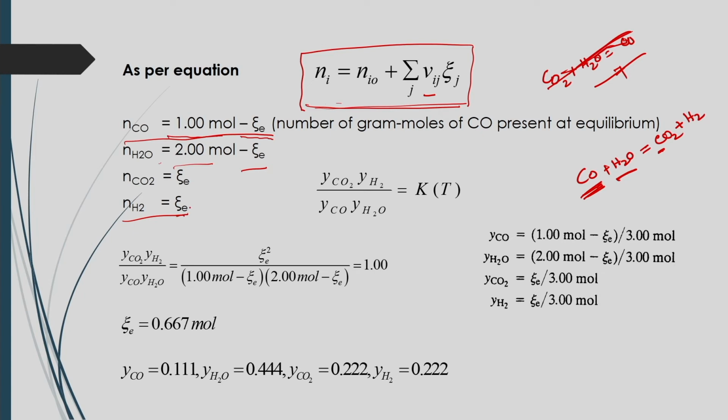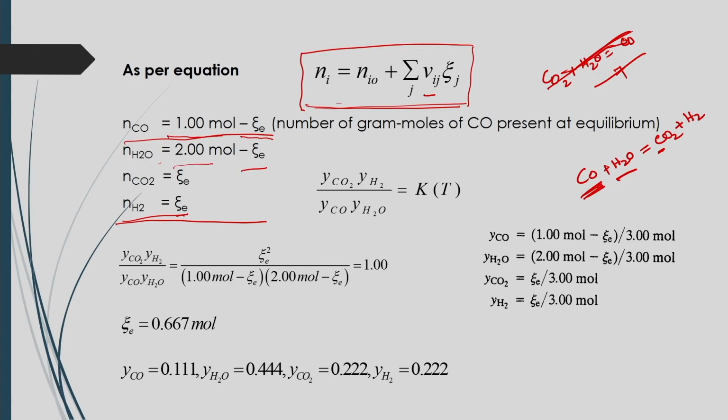Now, after that you have to calculate the mole fractions in terms of xi. First you have to calculate the total amount of moles: sum everything up, and then divide the individual moles by the total moles to get the concentration.